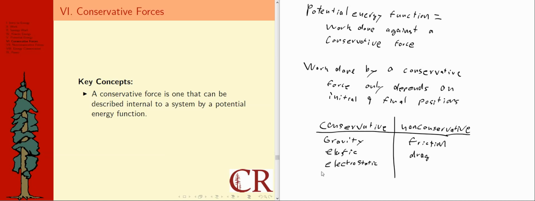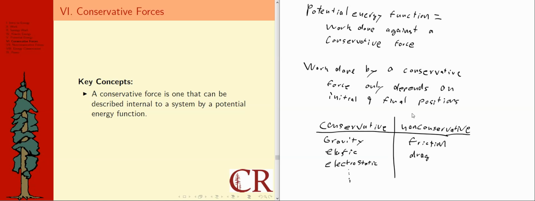I've also listed here electrostatic energy just to indicate there's more to the list of conservative forces. I decided to stop there, even though you could keep going. You could look back at all the possible energy forms under potential energy and associate those here, but I didn't want to go too deep into that.